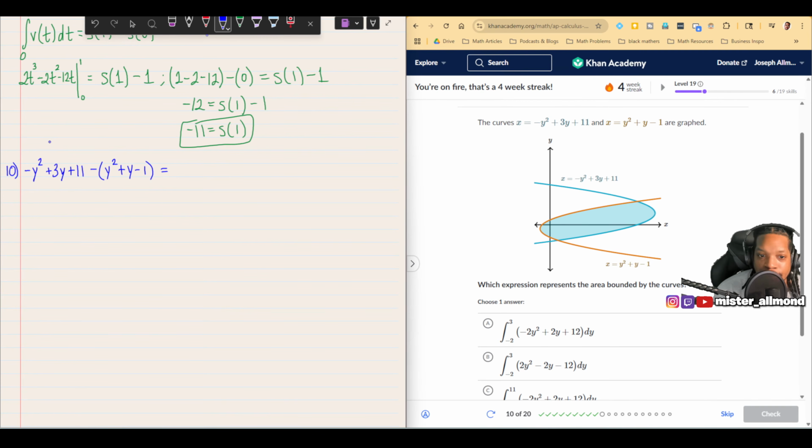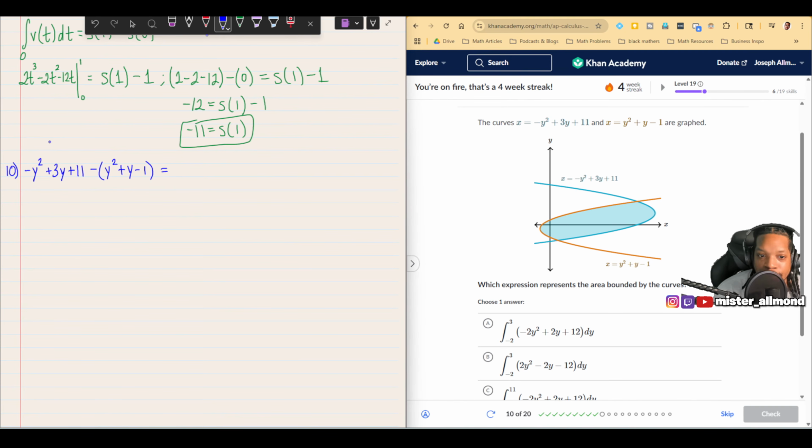And then I got an 11 minus a negative 1, which should be a plus 12. And look at that. Negative 2y squared plus 2y plus 12. So I'm going to go A. And then my negative 2 to 3, those look like my y bounds. Let's go. All right, we're cooking.